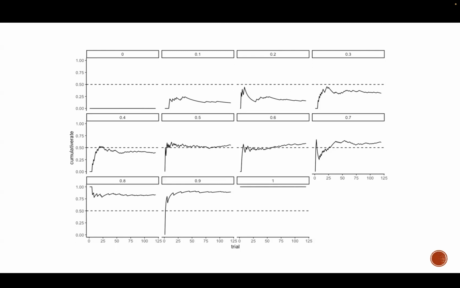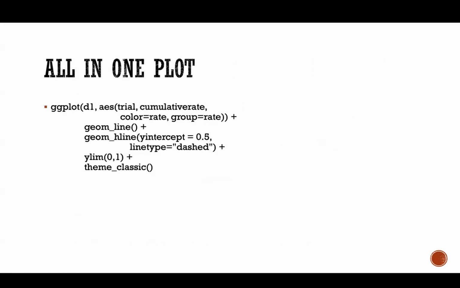It might still be kind of tricky to compare 0.3 and 0.7, right? How would you solve that? Yes? Instead of faceting, maybe you just use a color. Yes. So we color by rate and we group by rate, so we're sure that it makes different lines for each of the rates.